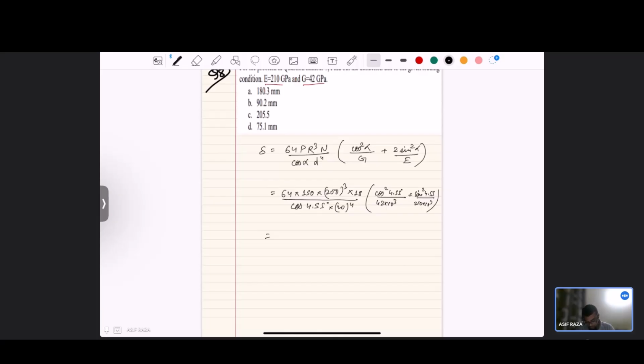Into 64 into 150 into 200 cube into 18 divided by 20 to the power 4 and divided by cos 4.55.